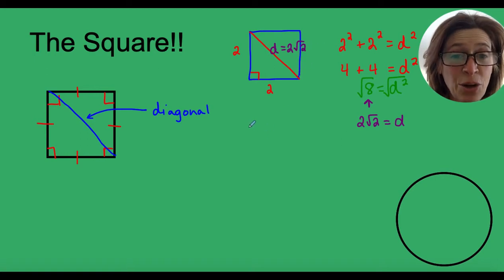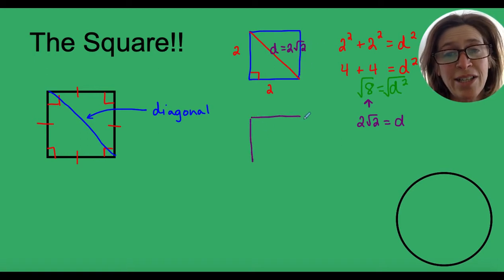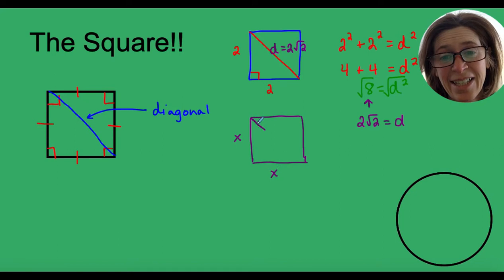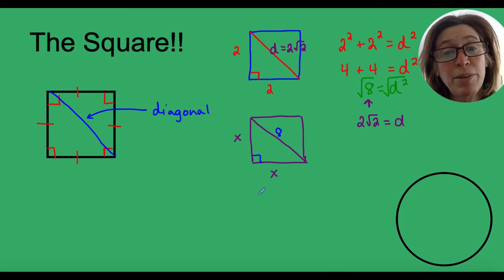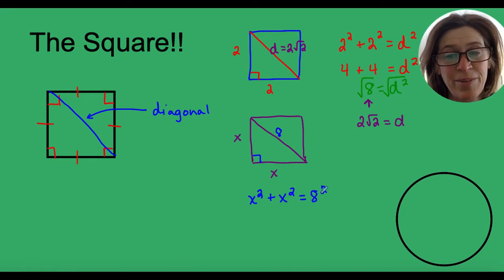Then we've also worked with squares where I've given you the sides are x, and maybe the hypotenuse of that right triangle inside the square, that diagonal, I said it was like 8. Those were a little bit harder because you had to recognize that it was x squared plus x squared equaled 8 squared.